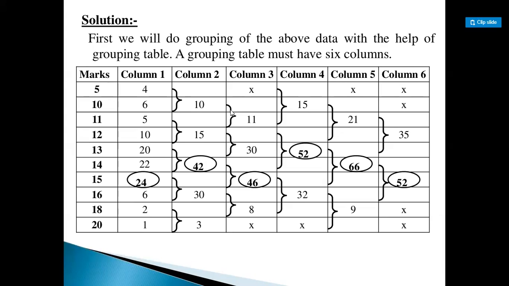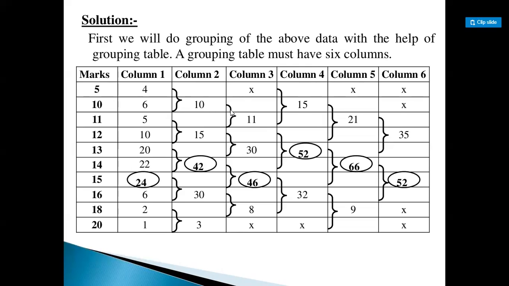So let it be. Next, in column number 4, we have to count 3 frequencies from the start. In column number 5, we have to leave the first one, and then count 3 frequencies. In column number 6, we have to leave the first and second frequency, and then count the next 3.